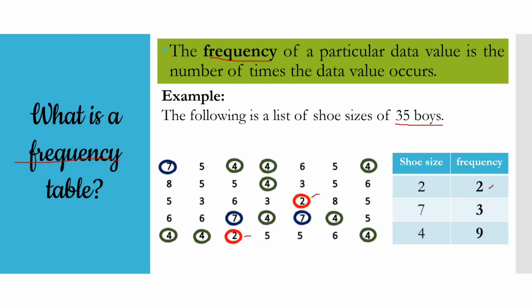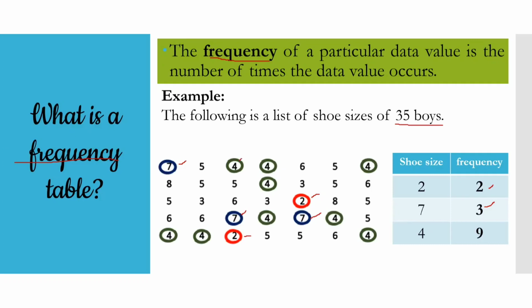Next, 7. Let us count how many 7s are there. So we have 1, 2, and 3. It means that the frequency of shoe size 7 is 3. And for the last one, how about the frequency of shoe size 4?